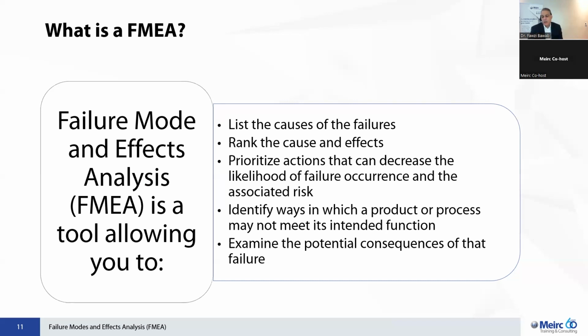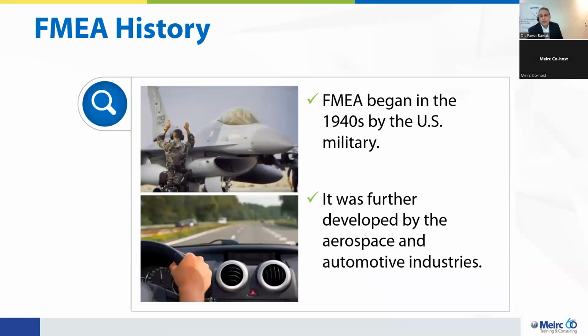And then the team has to prioritize and then select some of the steps to try to mitigate the risk. And if you ask me about the history, it basically started in the US military in the 1940s. It was later on adopted and used by aerospace and automotive industries.